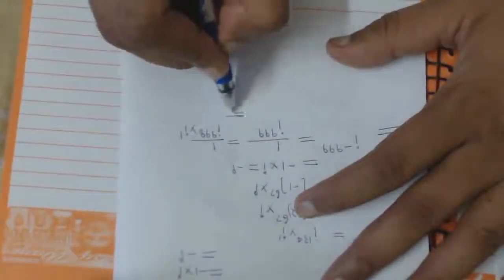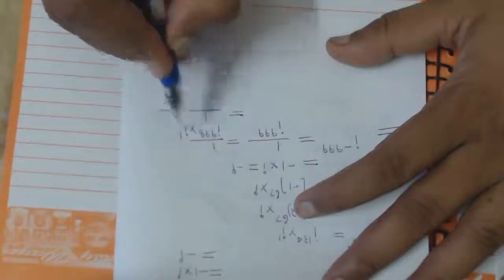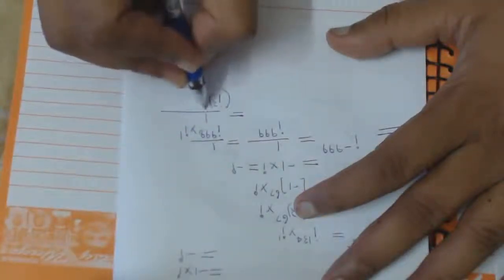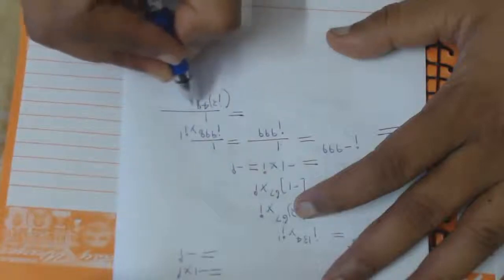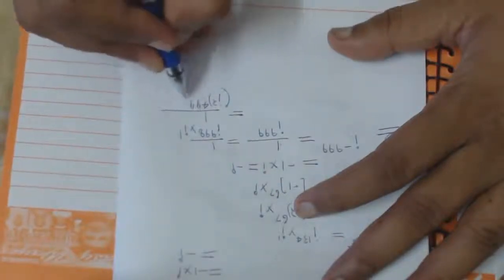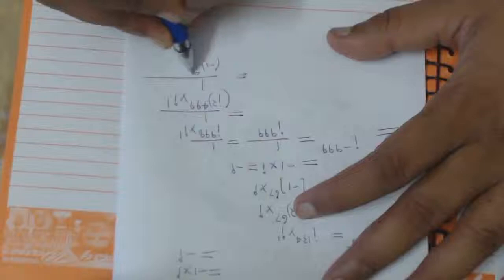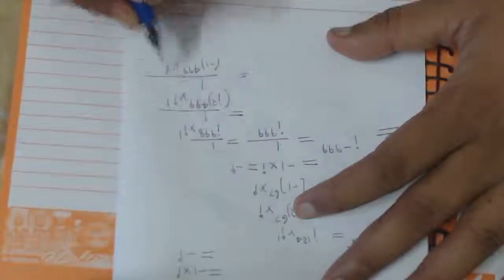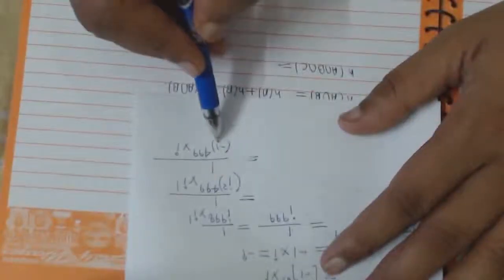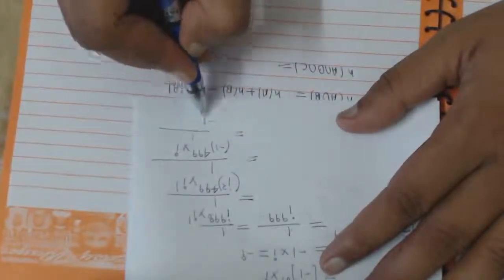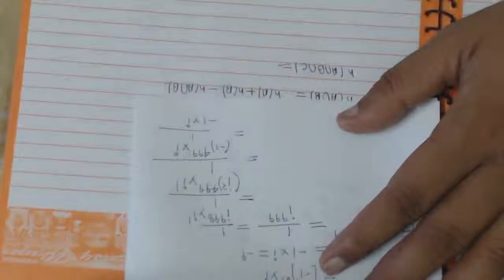Now 1 over iota raised to the power 998 is 1 over iota square raised to the power 499 into iota raised to the power 1. What about iota square, minus 1 raised to the power 499 into iota? Minus 1 having any odd power, the answer comes out minus 1. So 1 over minus 1 iota.